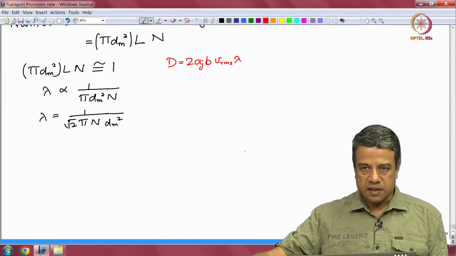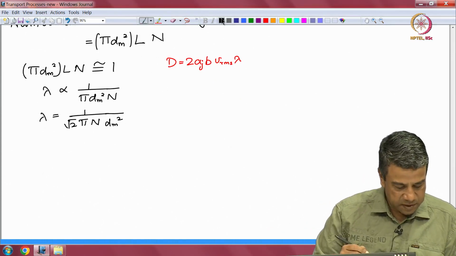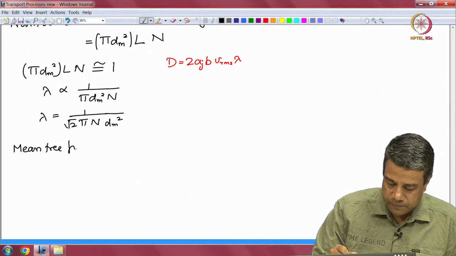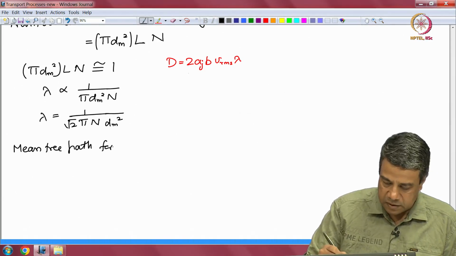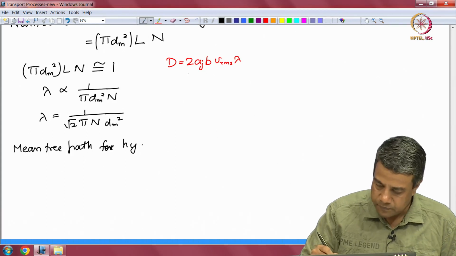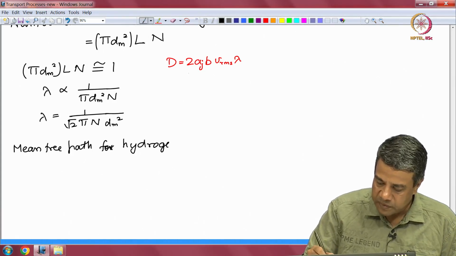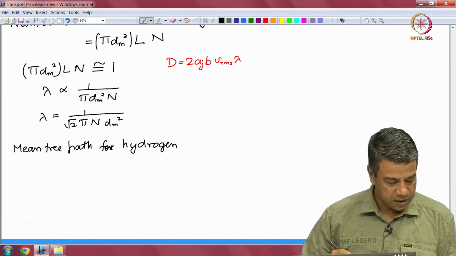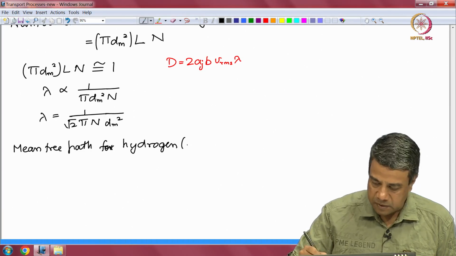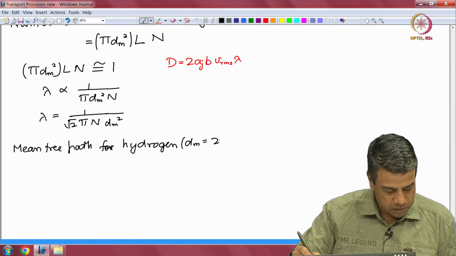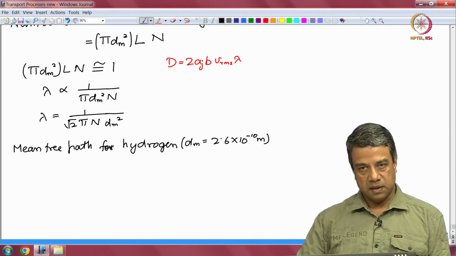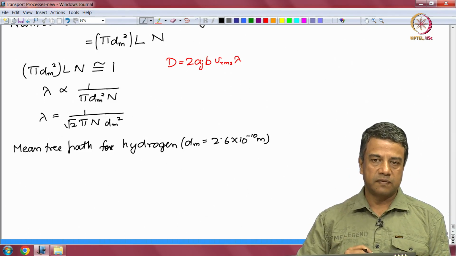We can estimate this for gases. So, for example, let us estimate the mean free path for hydrogen. In order to calculate the mean free path, you have to know the molecular diameter. So, I will give the molecular diameter dm is equal to 2.6 into 10 power minus 10 meters. 2.6 angstroms is the approximate molecular diameter of hydrogen.